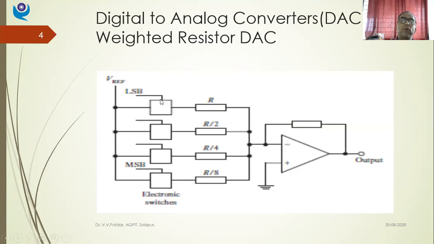So whatever is the voltage upon resistance will be the current that will be flowing, isn't it? So this voltage plus this voltage, because both these are on, will be added up and given to the inverting input terminal of my op-amp, right?